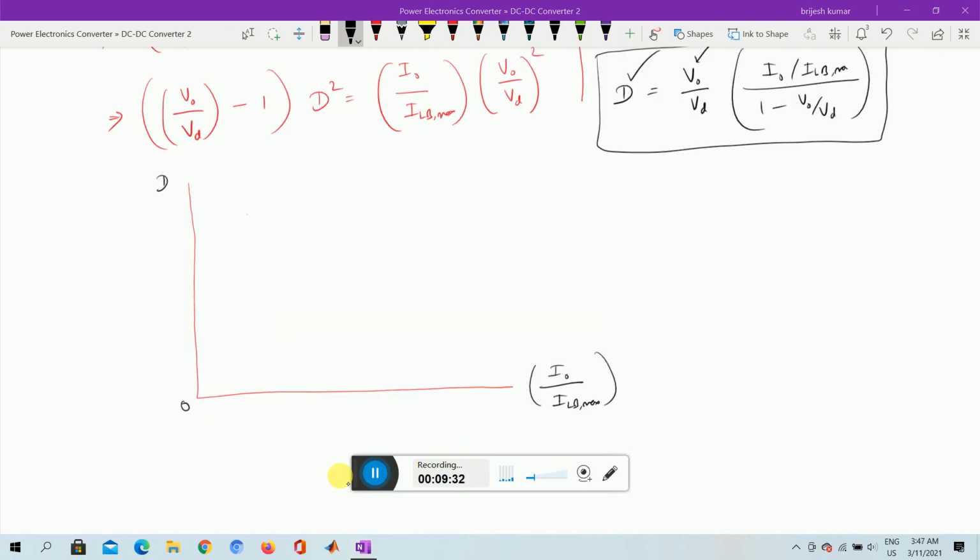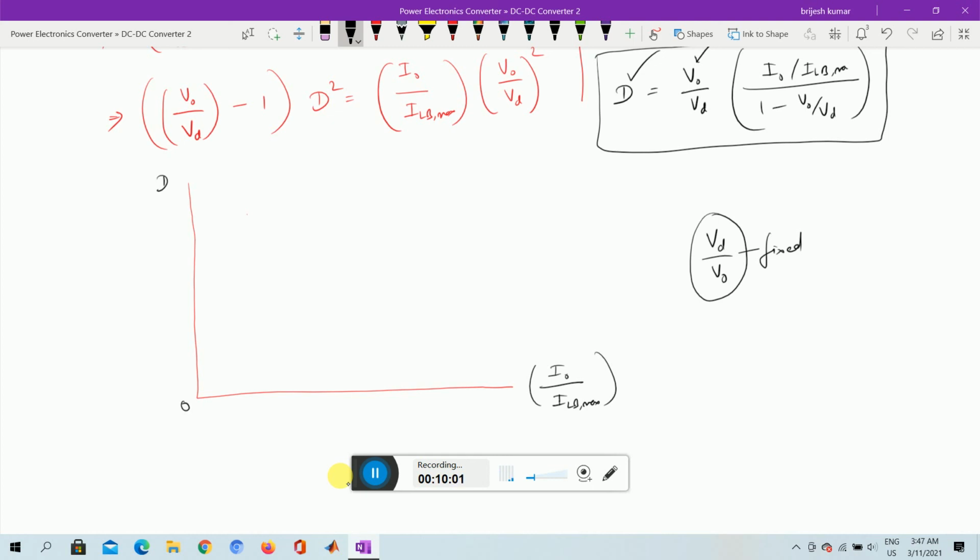Now in this curve, in the x-axis we have I0 by ILB max. Now we have this ratio of V0 by Vd. Let us write here Vd by V0, because V0 is assumed to be constant, Vd is varying. So for a fixed value of Vd by V0, so let us fix it. So if this value of I0 by ILB is increasing, I'm getting a direct relation.